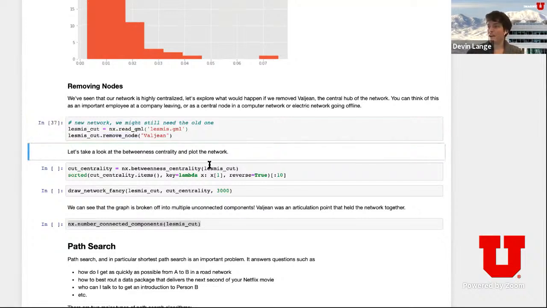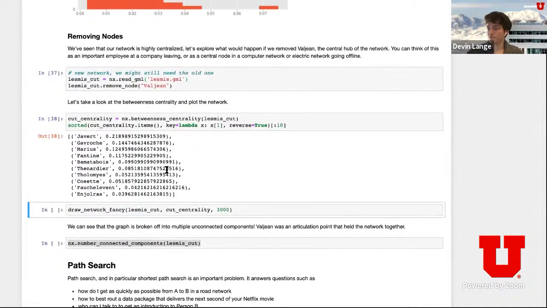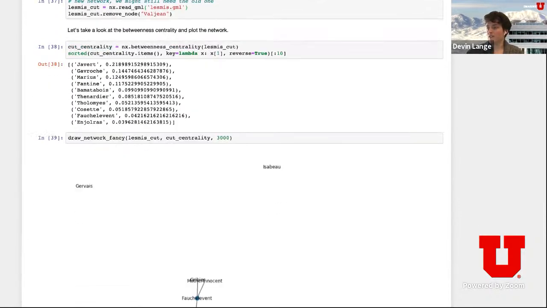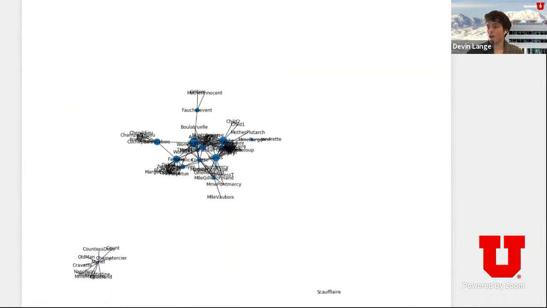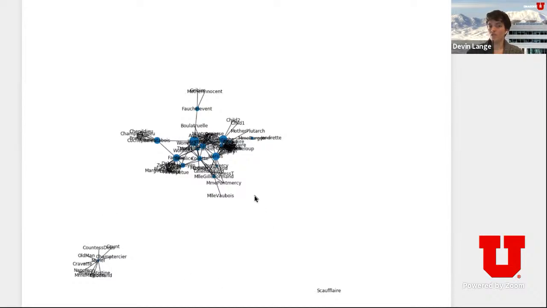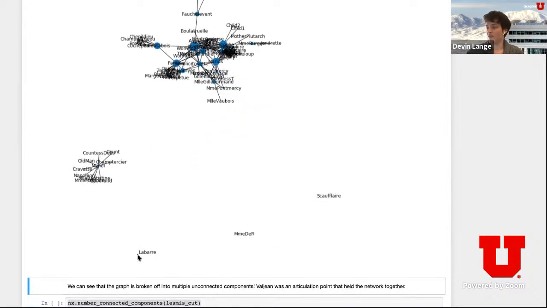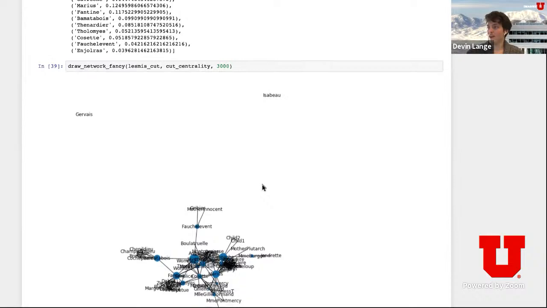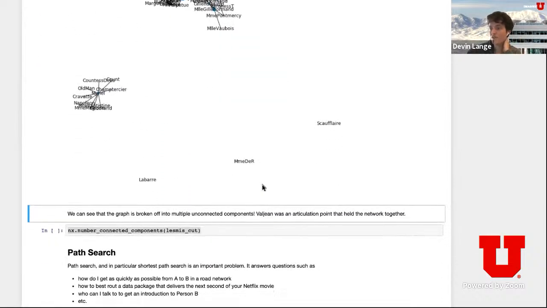Then you can look at the betweenness centrality of the remaining structure, and you can also, of course, plot it. In this case, we can see with Valjean removed, we no longer have a connected graph. We have these different sections of the graph.